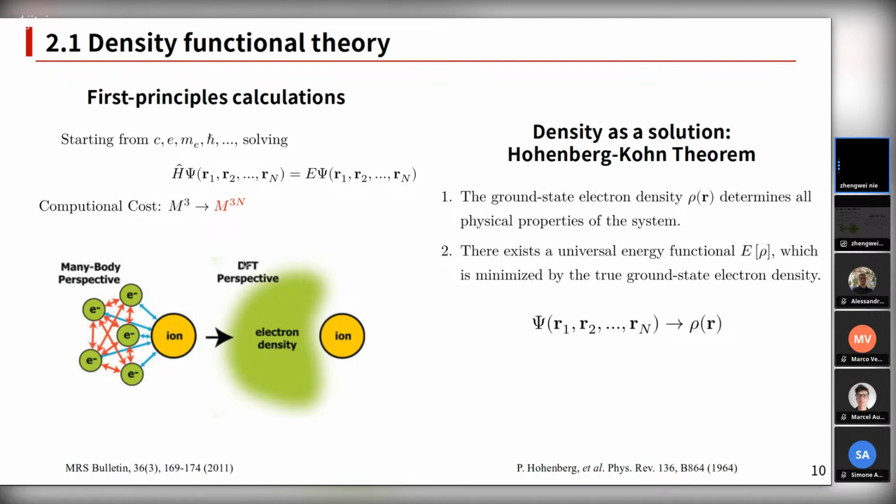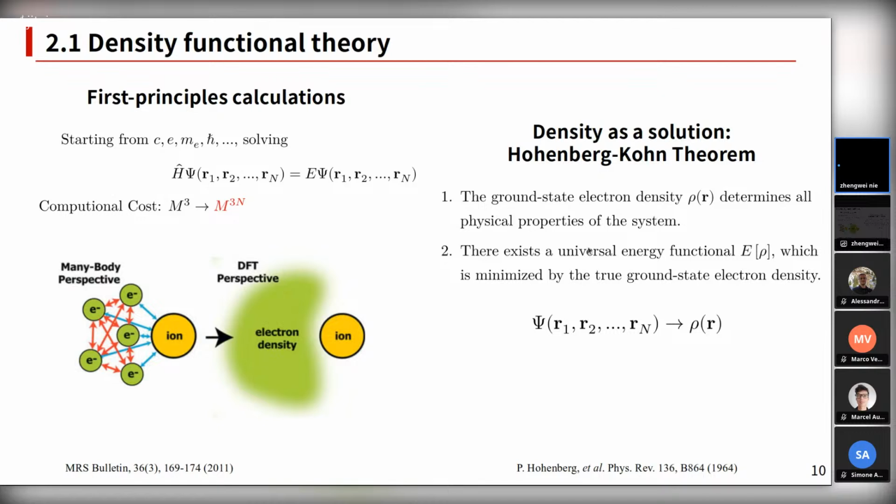So people need to do some simplifications. In 1964, Hohenberg and Kohn established the HK theorems. The first theorem says that the ground state electron density has a one-to-one correspondence with its external field, and hence determines all the physical properties of the system.